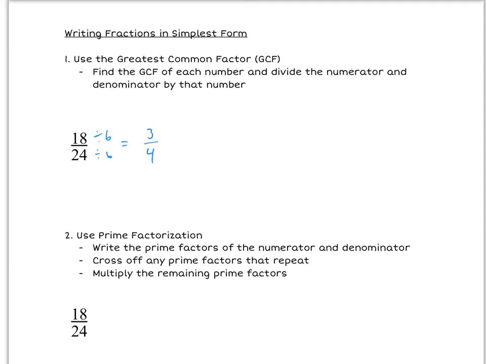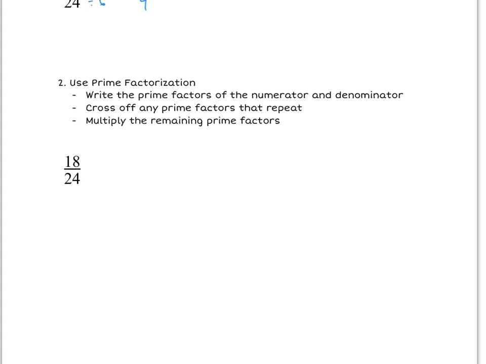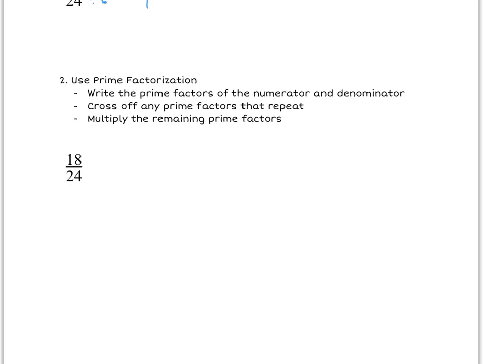So then I'm going to talk about prime factorization. Again, this is a way that works but isn't the best. In my opinion, I like to do it differently. We're going to take 18 and make a factor tree. We end up with 2 times 9, and 3 times 3. And then we're going to do 24. It's a factor tree. 2 and 12. 2 and 6.